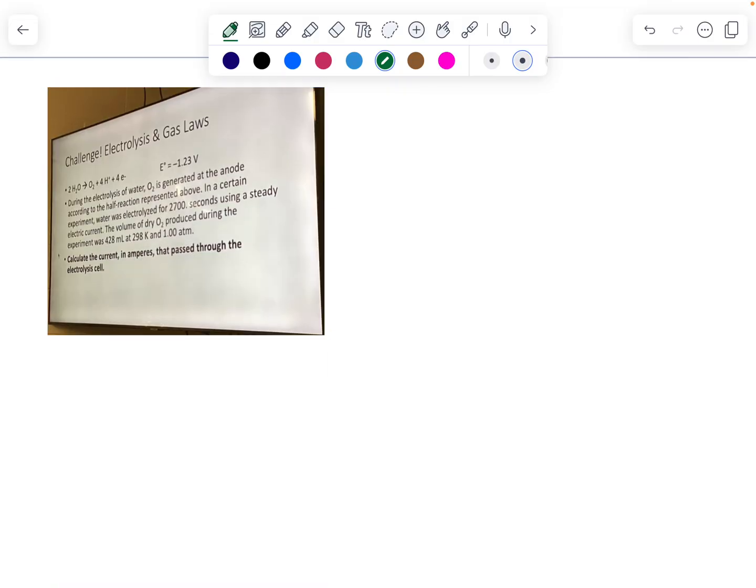All right, our challenge problem. During the electrolysis of water, oxygen is generated at the anode according to the half reaction represented above. So anode is where we get oxidized. In a certain experiment, water is electrolyzed for 2,700 seconds using a steady current.